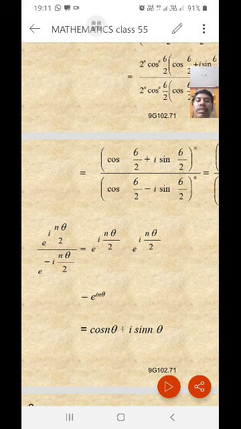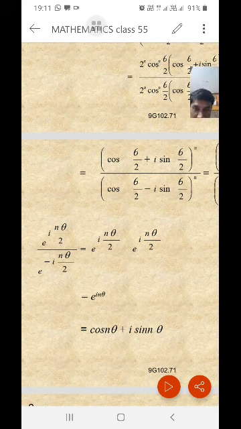So one base is written and the powers subtracted: e power i n theta by 2, minus of minus means plus.